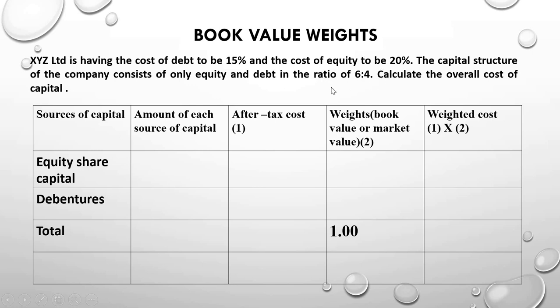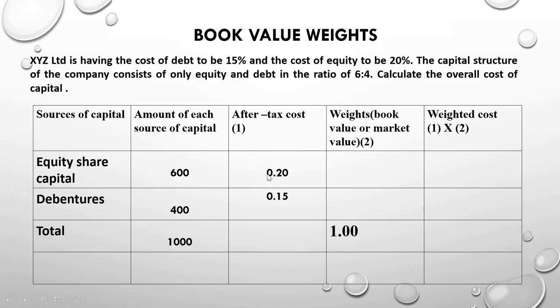So 6:4 is the ratio of equity and debt. If you have borrowed $1,000, then 600 from equity and 400 from debt. Since nothing is given, I have just assumed that I am borrowing $1,000, out of which 600 from equity and 400 from debt.